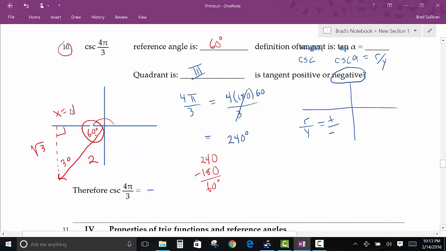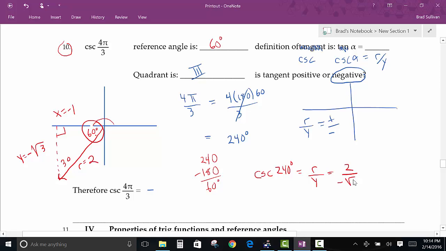However, watch your signs. X is -1. Y is negative square root of 3. And then R is always positive since it's a radius like that. So what we'd end up having then is if we do the cosecant of 240 degrees, really, what we're going to do is R over Y. So R is 2.